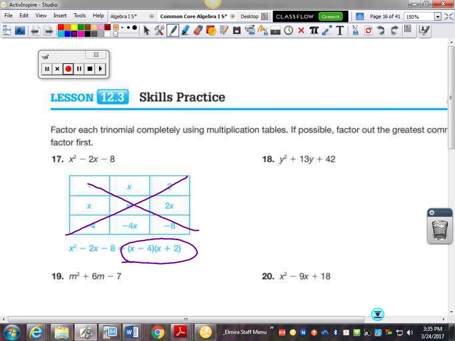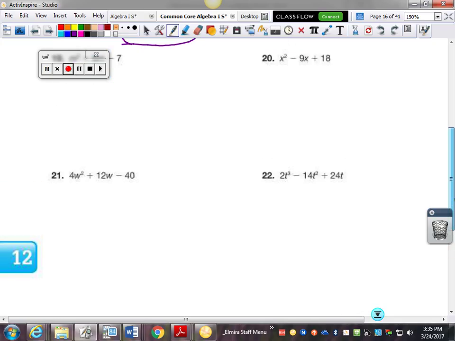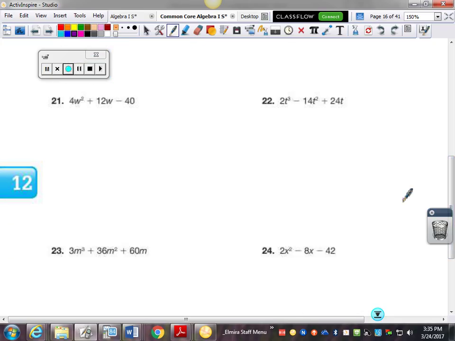Now, a few of these have leading coefficients. And at least for the time being, this will change, but at least for the time being, the leading coefficient will factor out. For example, 4 is my leading coefficient, and it will factor out, leaving me w squared plus 3w minus 10.